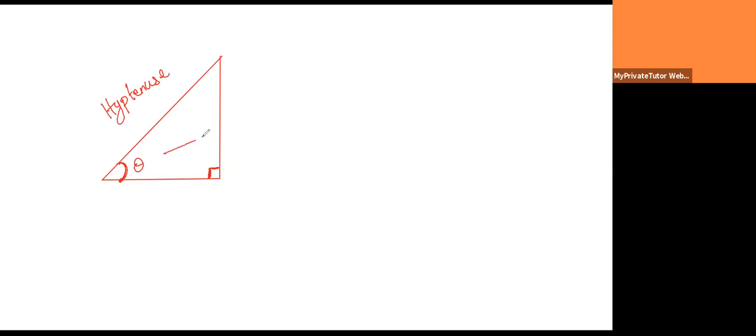The side opposite to this angle is called the opposite side, and the side adjacent to this angle is called the adjacent side. So these are the three sides we call the opposite, adjacent, and hypotenuse side. I hope everyone understands.